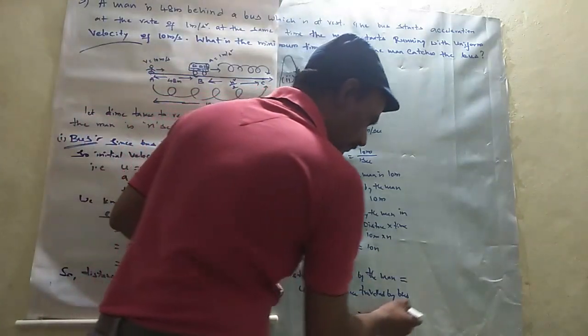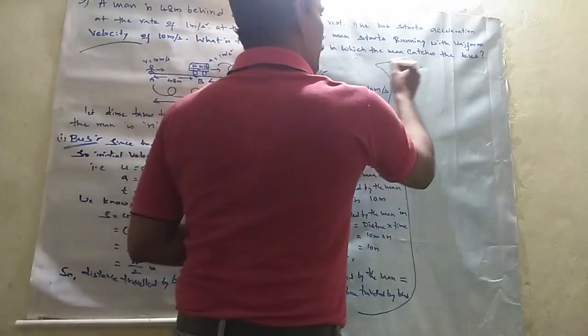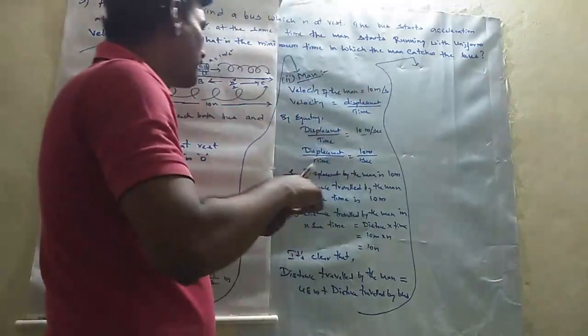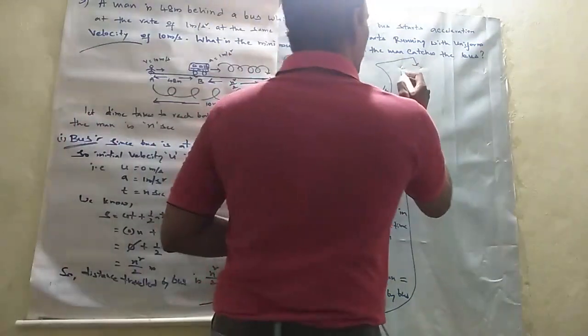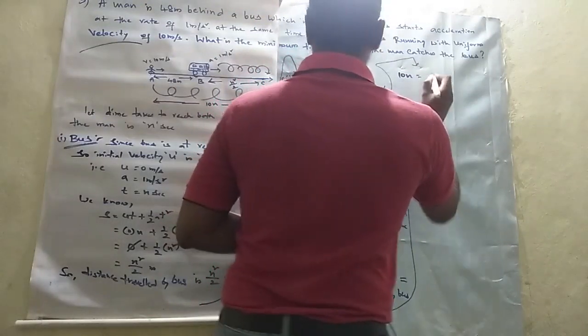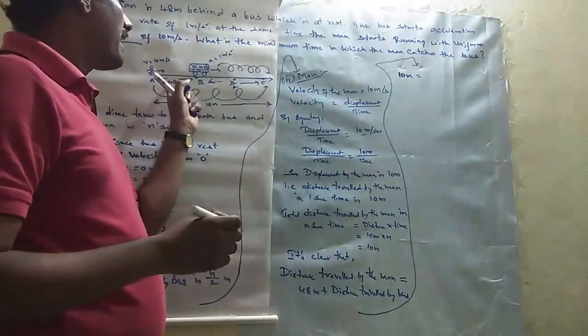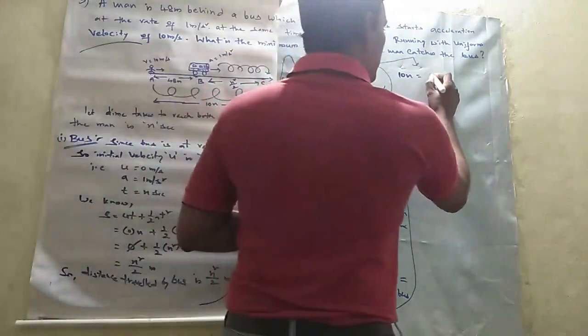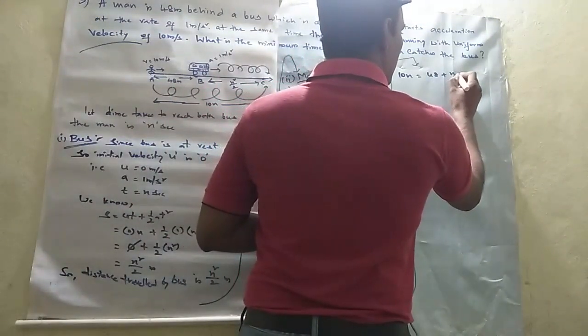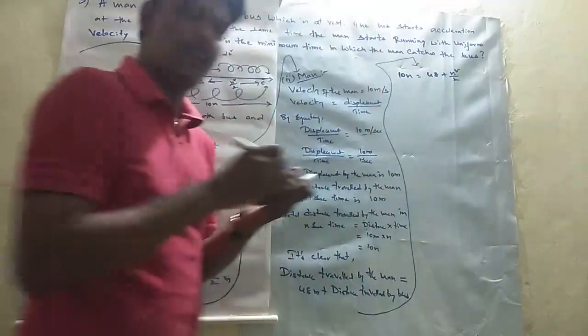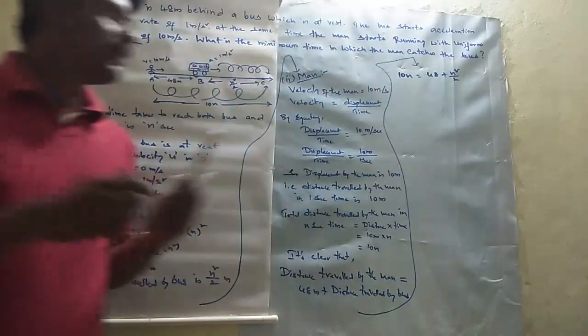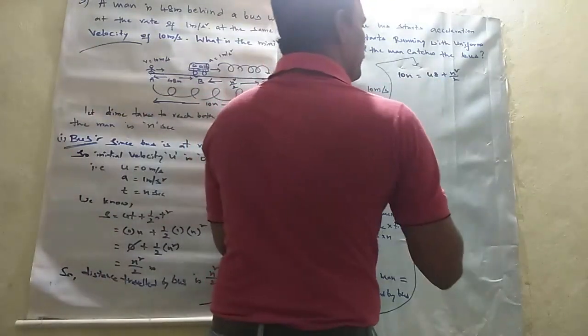That's what I am writing: 10n equal to 48 plus n square by 2. Now I'm simplifying. This 48 I'm sending this side.